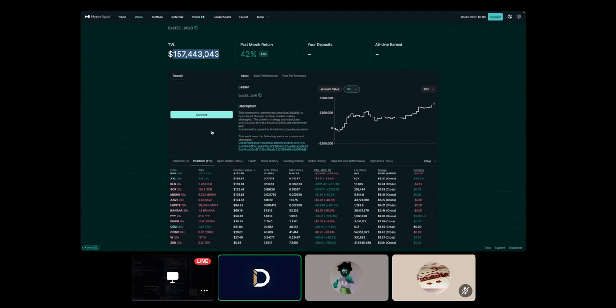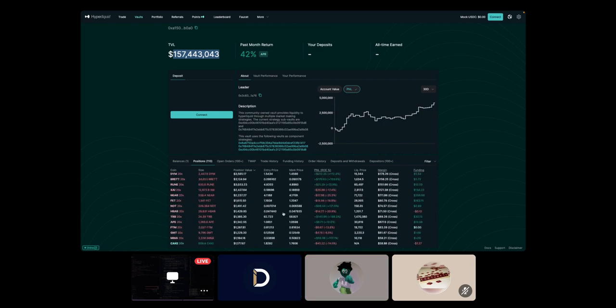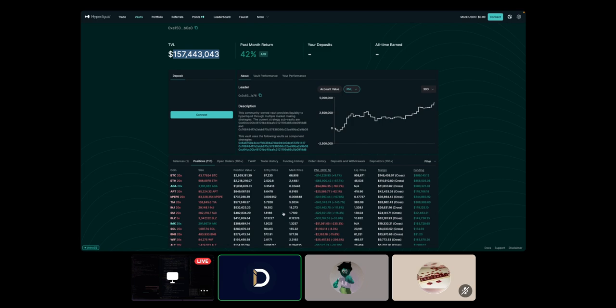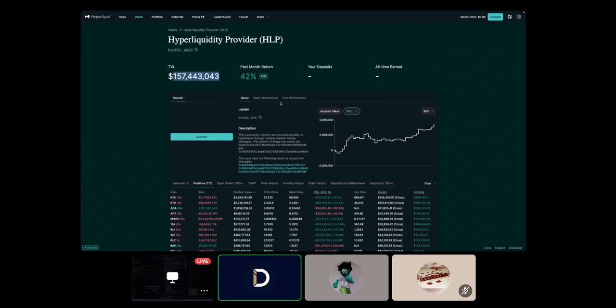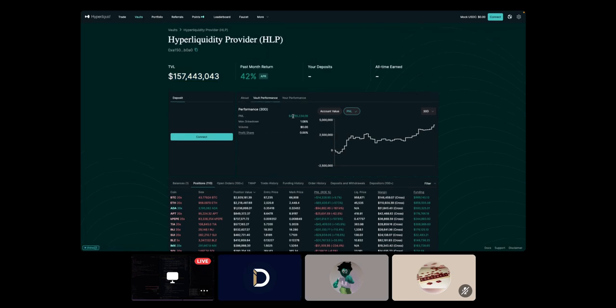You can deposit money into this fund. It's like an ETF, but it's automated. It's like a bot that's doing this, or someone that's running it in the background. £4 million in profit in the past 30 days.